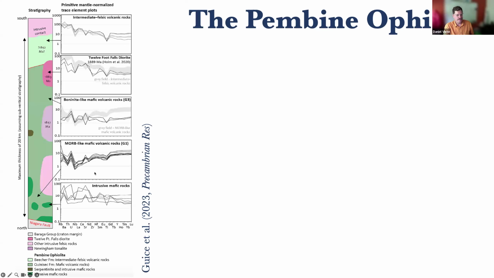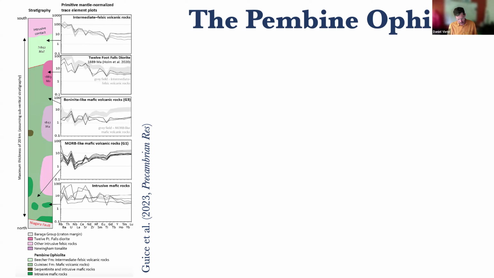What we found was that in the lower parts of the volcanic stratigraphy there are MORB-like mafic rocks, and as you move up to higher parts, there are boninite-like mafic rocks. This is consistent with the signature of subduction initiation that's being put forward from the IBM.